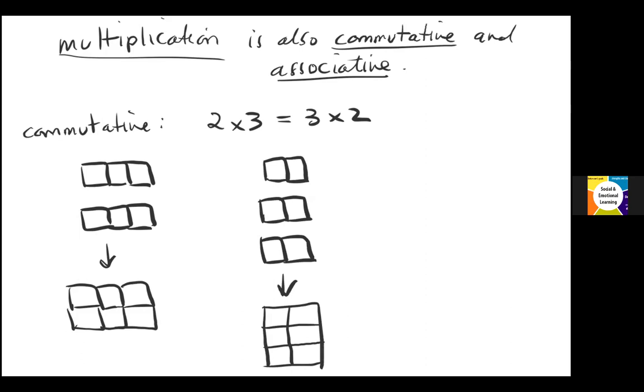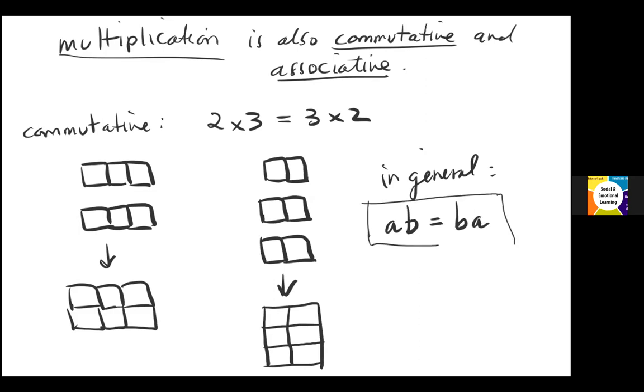Anyway, this may be too simple for people, but in general, we say that A times B is equal to B times A for the commutative property of multiplication. So when I don't use a multiplication sign between two things, it means they're multiplied together. Have people seen that before?